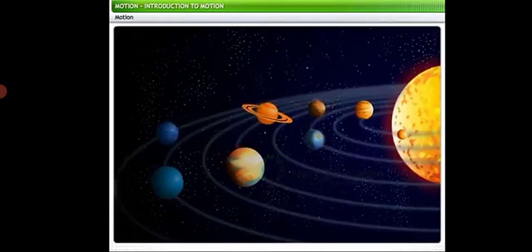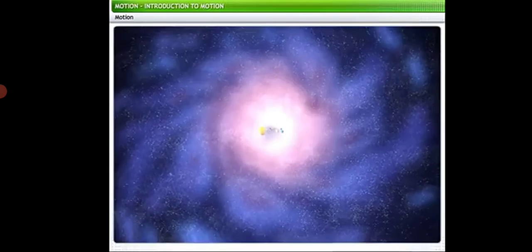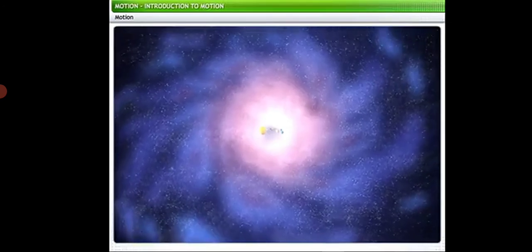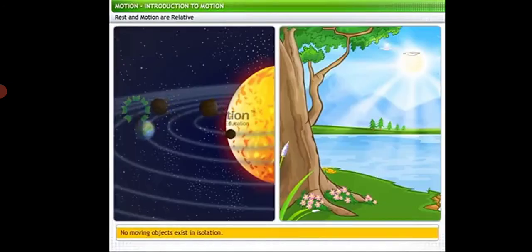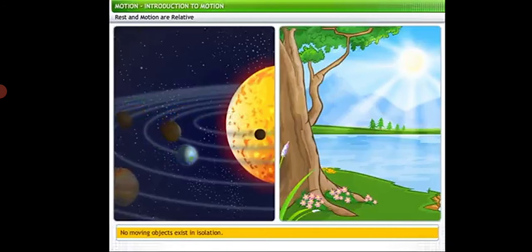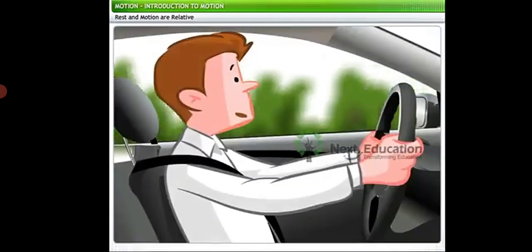Similarly, other planets, solar systems, and galaxies in the universe all are continuously in motion. None of the moving objects that we have looked at exist in isolation. They may have either moving or stationary objects in their environment.